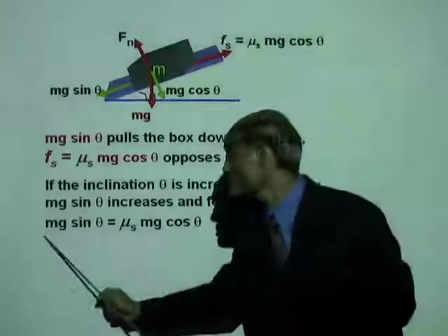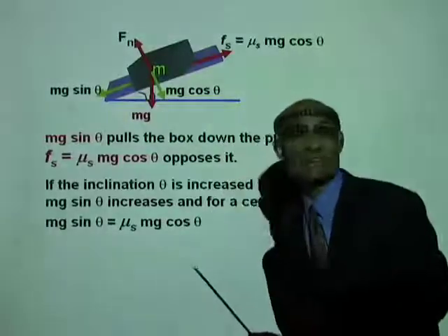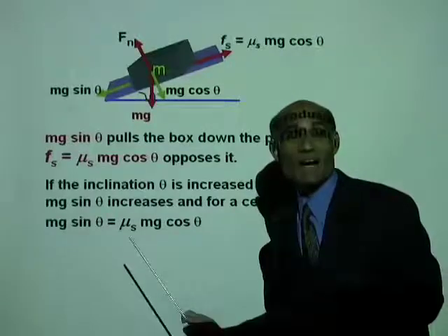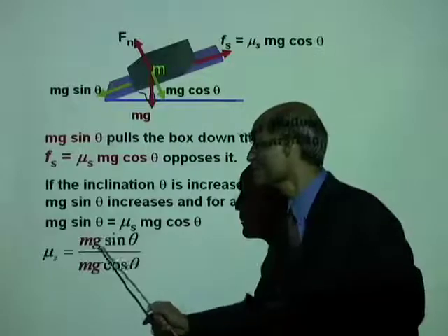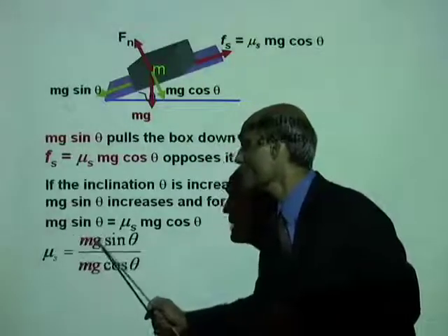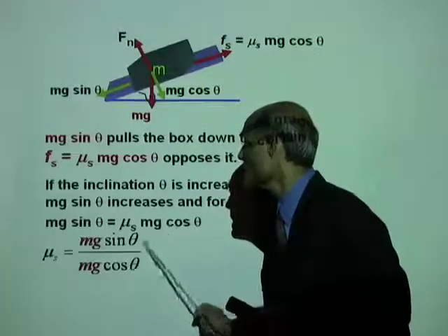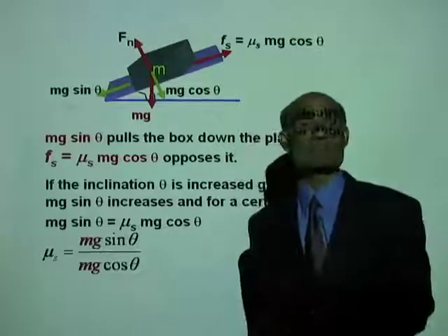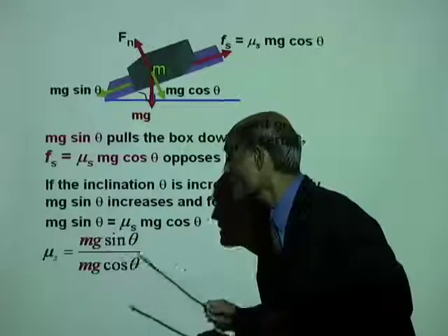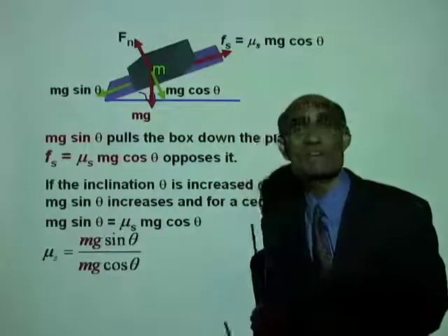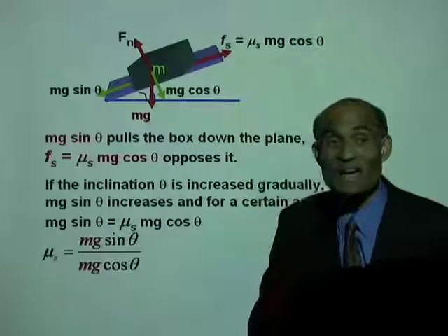You can see mg and mg will cancel from either side. And if you divide both sides by cos theta, look at this. Mu s equal to mg sin theta divided by mg cos theta. Mg and mg will go. Sin theta divided by cos theta is tan theta.